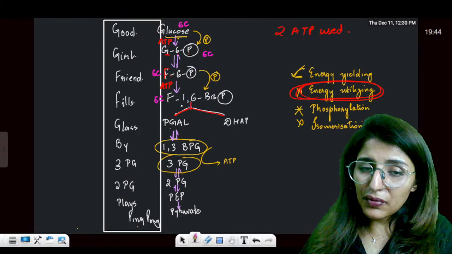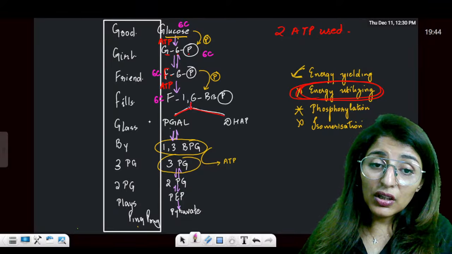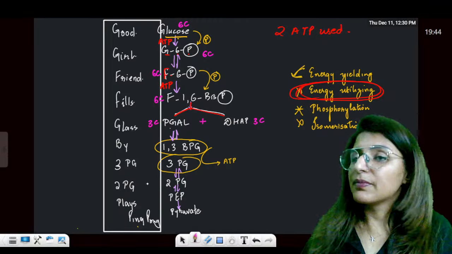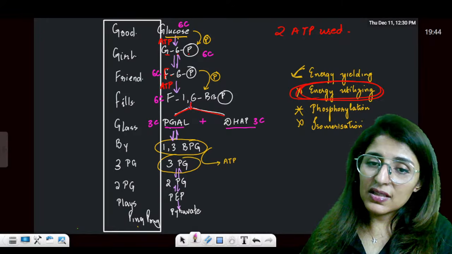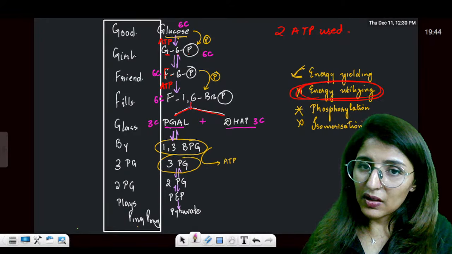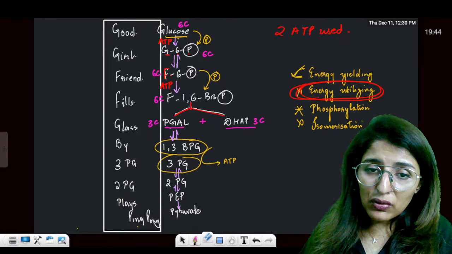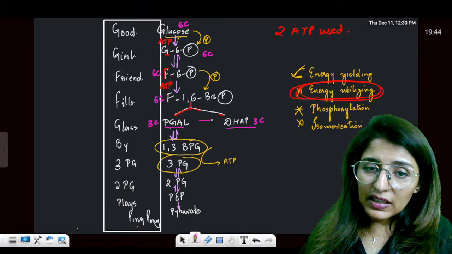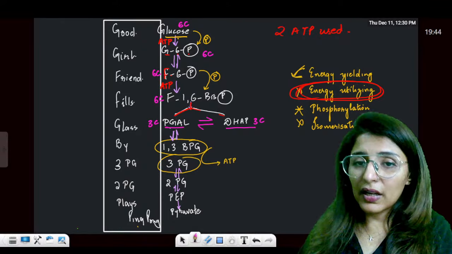But then fructose 1,6-bisphosphate will undergo splitting to form 3-carbon compounds, 2 3-carbon compounds. One is PGAL, and second is DHAP, dihydroxyacetone phosphate. Is that clear? Phosphoglyceraldehyde. Now, these two compounds formed here, they are interconvertible. They can change from one to another form.